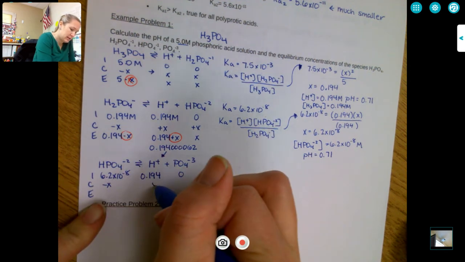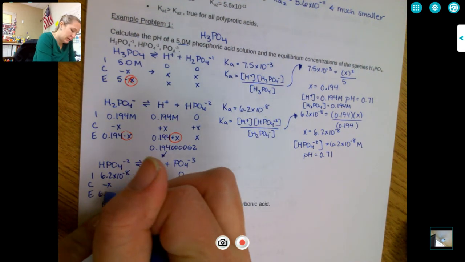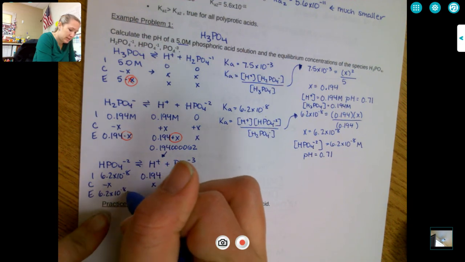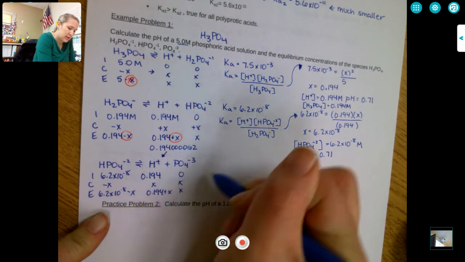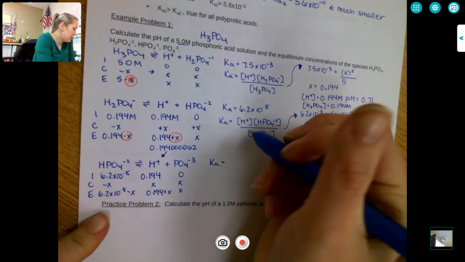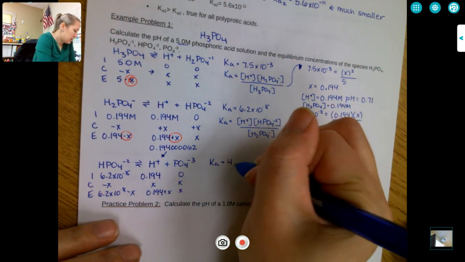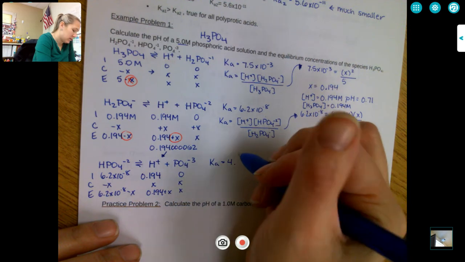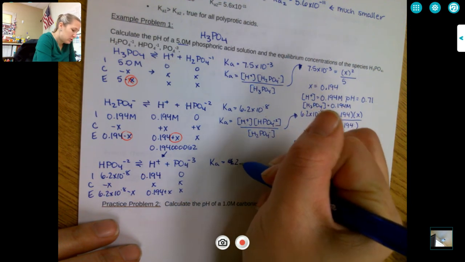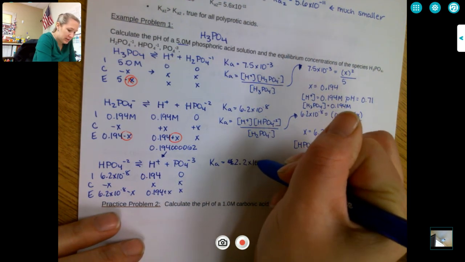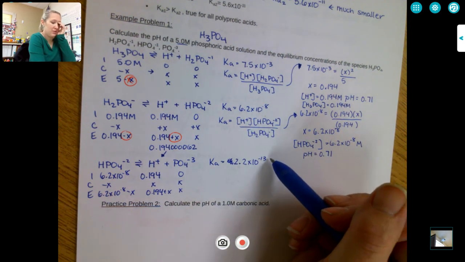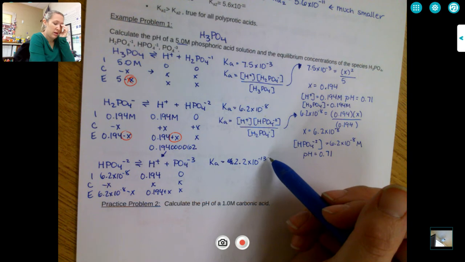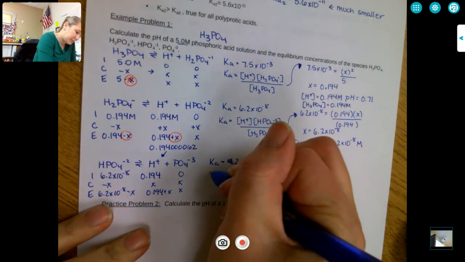Again, minus X, X and X. 6.2 times 10 to the minus 8 minus X. And the Ka value of this weak acid, according to our chart, is 2.2 times 10 to the negative 13. So, 10 to the 5th smaller here.